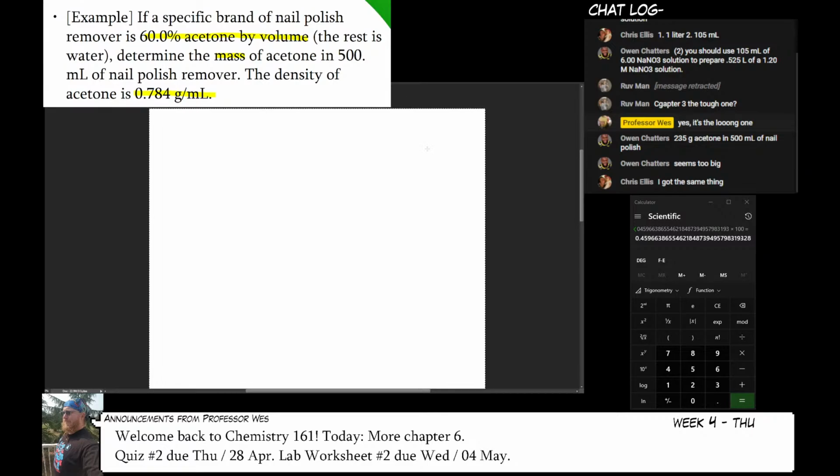Okay. So let's write out the formula for percent by volume. Actually, I guess at this point, the solute would not be the acetone here because it's most of the solution. So let's just write acetone here, times 100%.